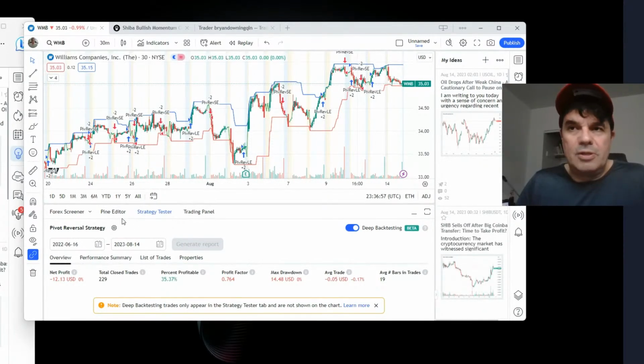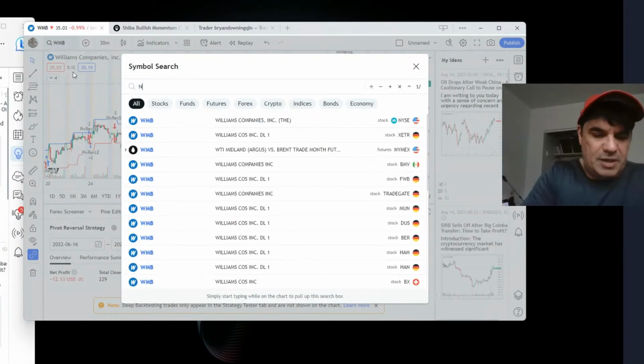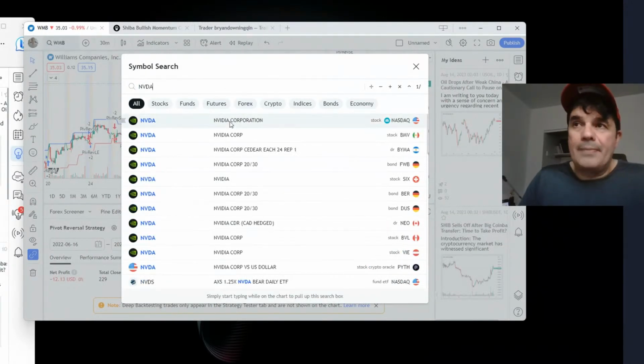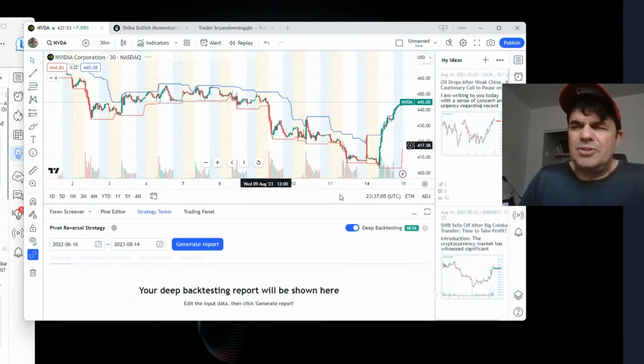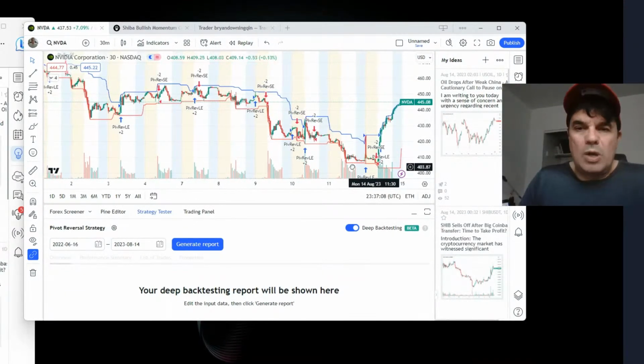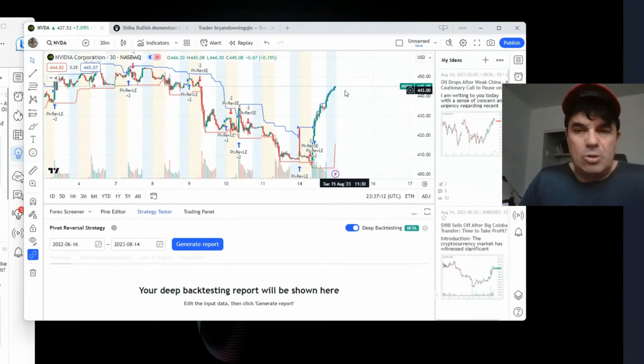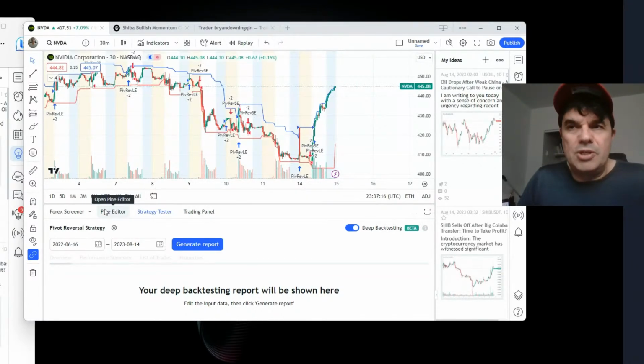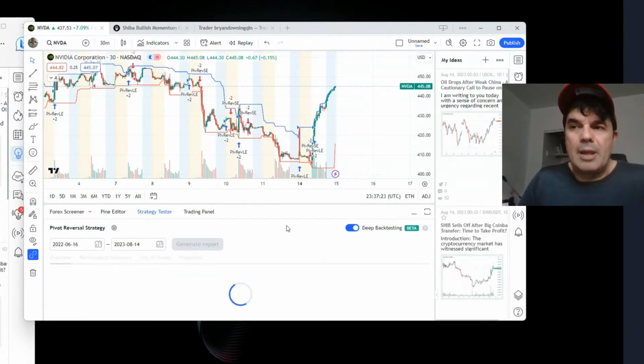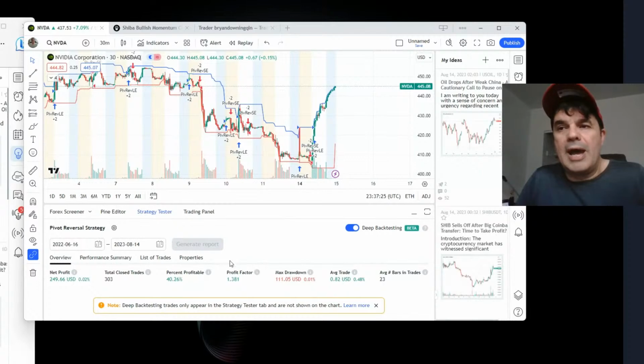If you're trying to do it on your own, what you're doing is really just putting in your stock. So let me pull up NVIDIA again as an example. Here's my strategy, and here's that, I think it was 4% return just on NVIDIA today alone. Load in your strategy in the Pine editor, strategy tester, generate your report, and that's how you know if you've got a winner or not.